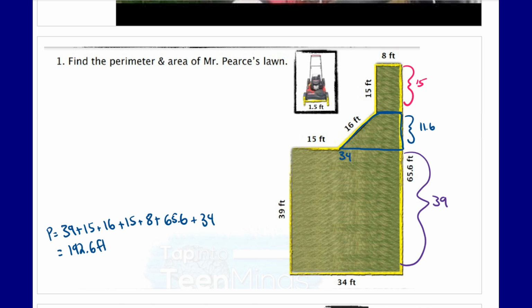So now we do know what that measurement is. And now that we've broken it up into 3 shapes, which we do have formulas for because they are our basic shapes, we can find the area of the first shape plus the area of the second shape and the area of the third shape and add them all together.